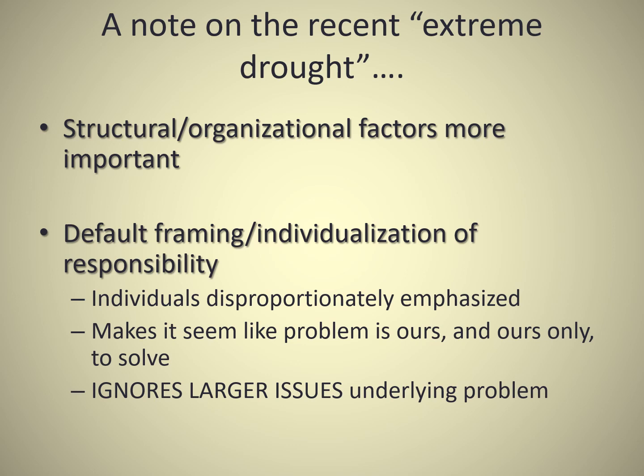Okay? Individual actions still matter, but they are a smaller part of the problem than you may have been led to believe. And the consistent focus on individuals ignores the larger organizational problems. The fact that 80% of the water goes to agriculture.